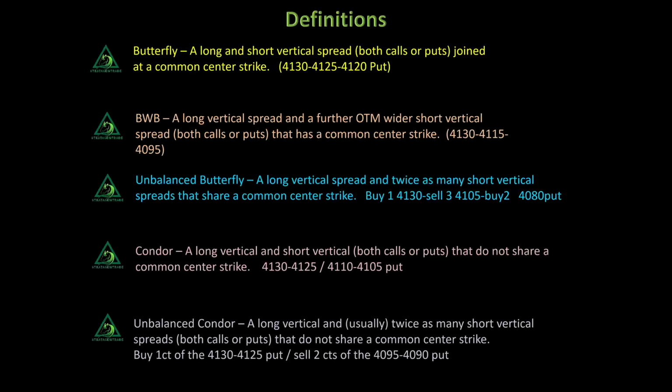So to wrap all the way back 360 degrees to the question, is the unbalanced condor the same as an iron cockroach? It's a very similar graph, different construction. Different alignment of where you want the market to go. Different pricing, etc.